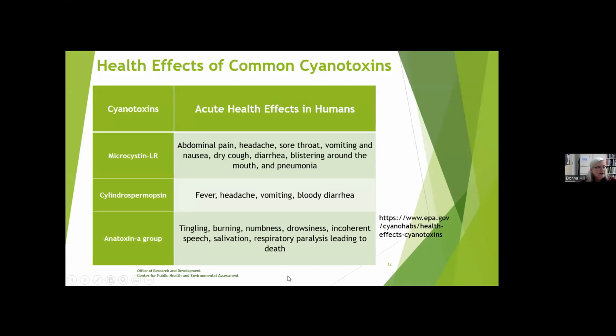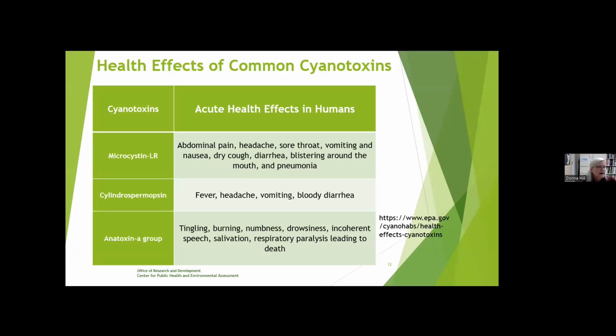So this is off the EPA website. These are common health effects seen in humans, and I guess with the blooms that are predominantly one of these toxins. And microcystin and cylindrospermopsin, I mean, they're kind of generalized, non-specific symptoms that could be related to a lot of different types of illnesses. You've got GI signs, respiratory, just what they call generalized malaise, headache, maybe muscle aches, being tired.